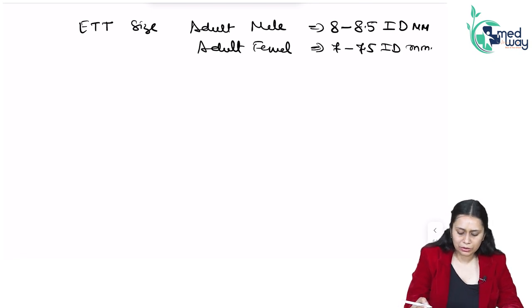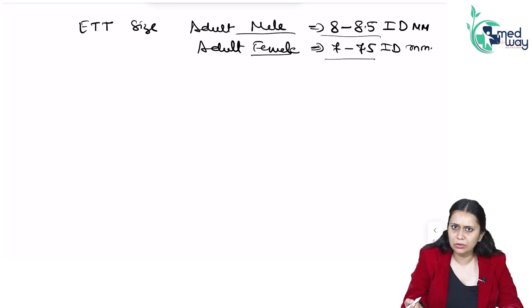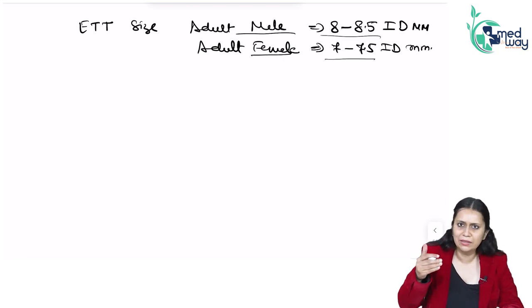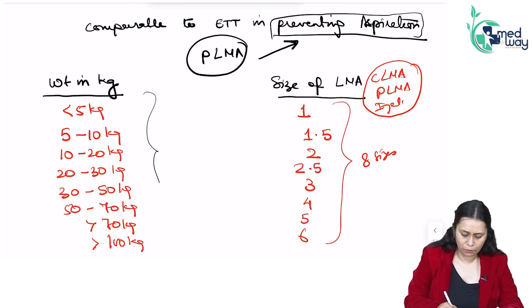So this is how we go for sizes in adult male and adult female. We can go for even a bigger size if we see during laryngoscopy that the glottic opening is very big. It depends on the age, but this is the common size which we are using. For nasal, one size less is used. So for ET tube, the sizing is according to age. Here the sizing is according to body weight.